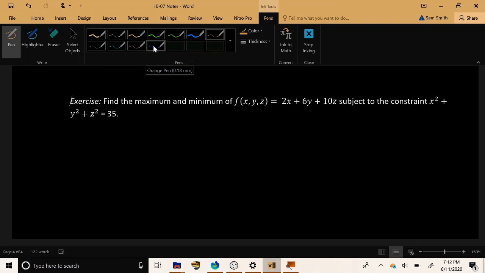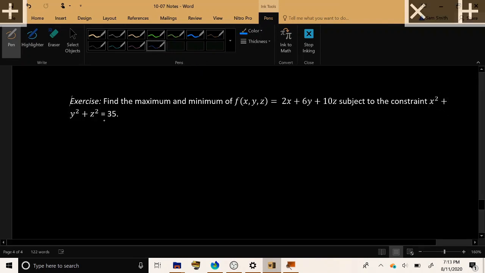F of x, y, z is equal to 2x plus 6y plus 10z, subject to the constraint that x squared plus y squared plus z squared must be equal to 35. Now, this constraint function, set equal to 35, as before, represents our function g.